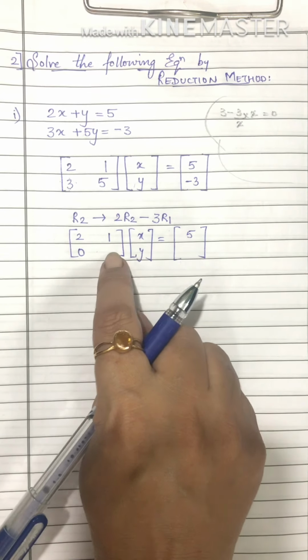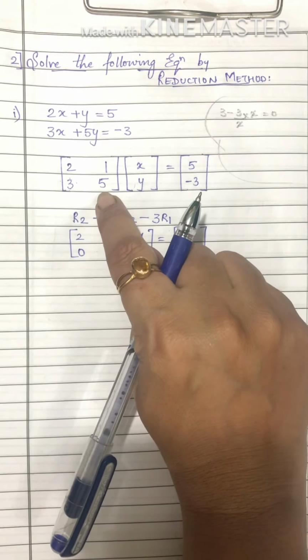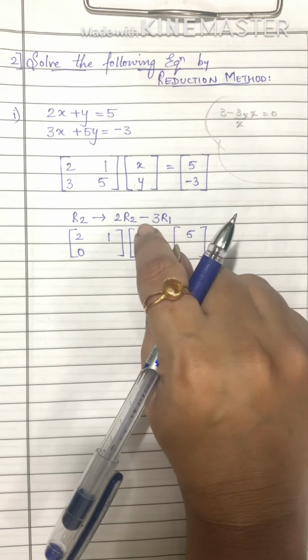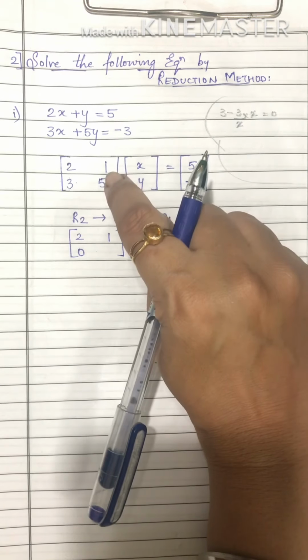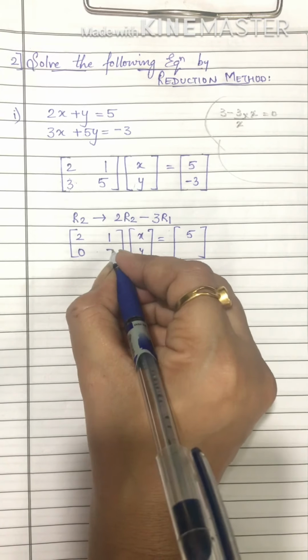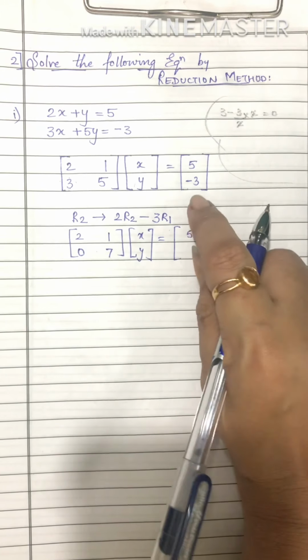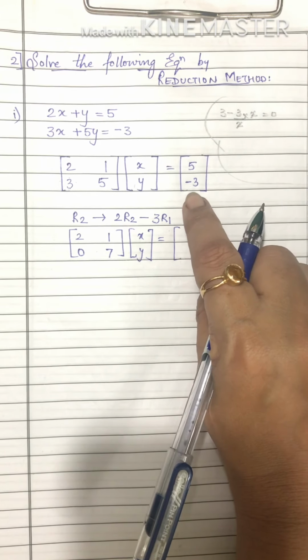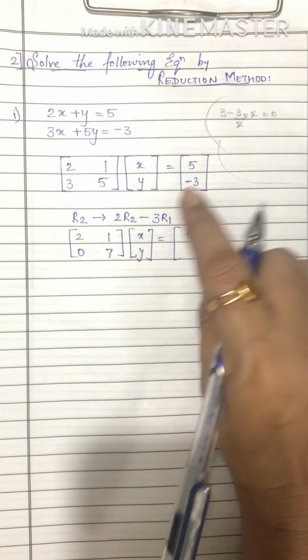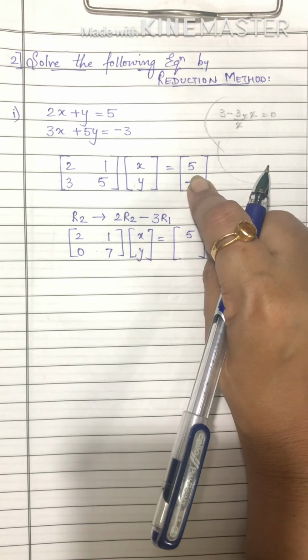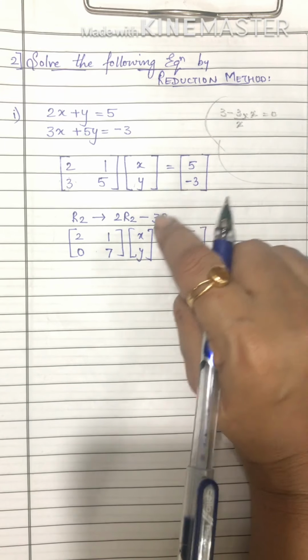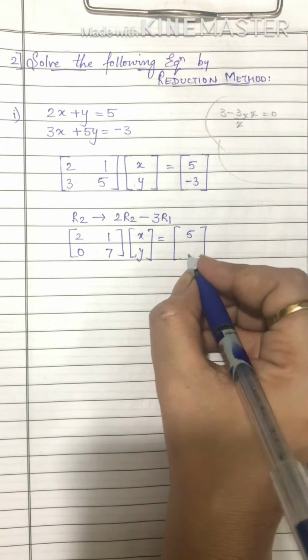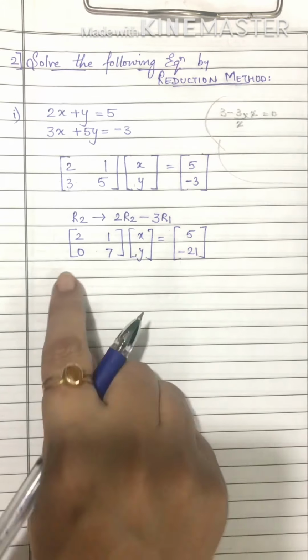Then here, 2R2, that is 2 into 5, 10, minus 3 into R1, 10 minus 3, so we get 7. Going easy? Then 2R2 this side: 2 into minus 3 gives you minus 6, minus 3 into 5, that is 15. So minus 6 minus 15, we get minus 21. So this was pretty easy.